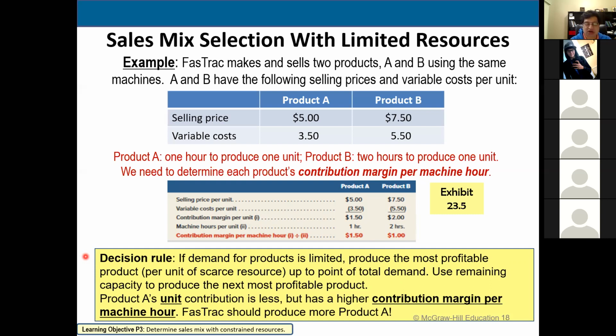Does everyone understand that part? Okay, good.